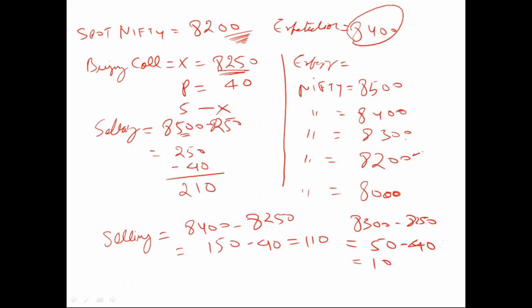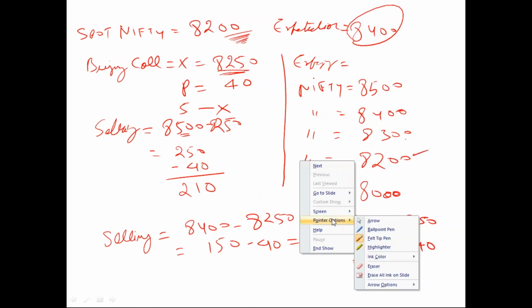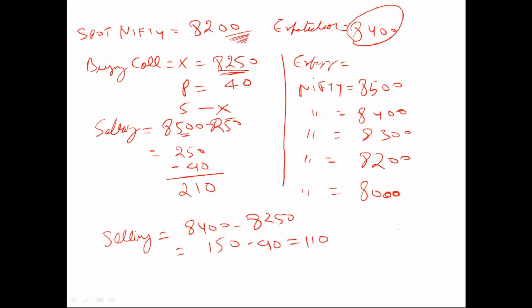But what about 8,200? Say I'm selling at 8,200 and buying at 8,250. There can't be a negative 50 as intrinsic value. I cannot have losses on that, so the intrinsic value I'm calculating here is 0.